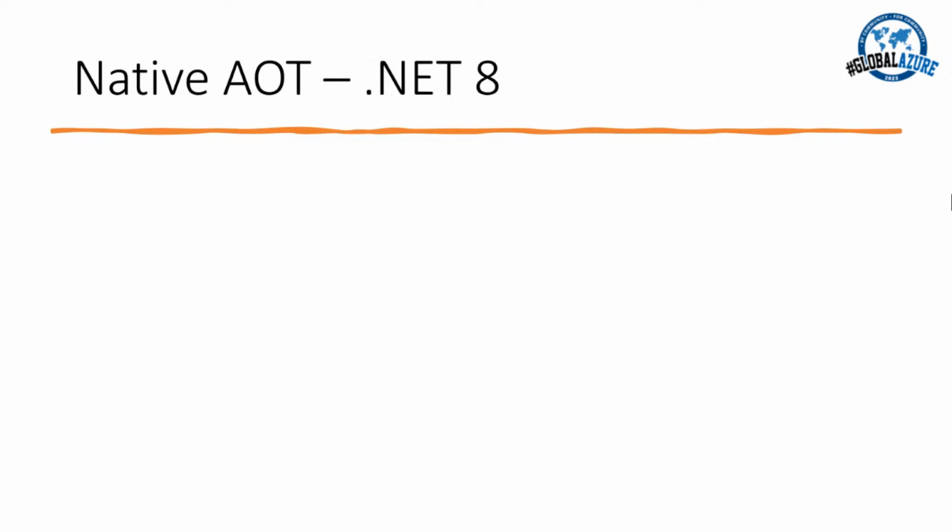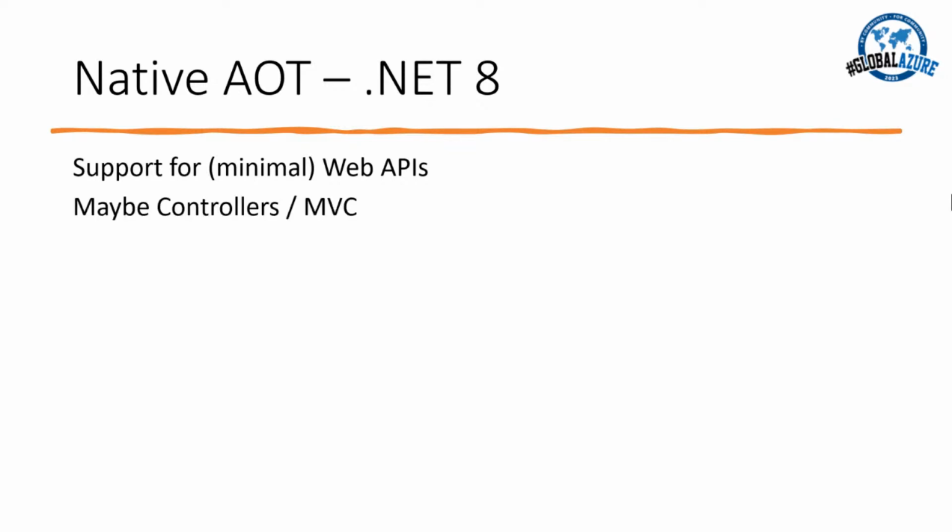So in .NET 8, I mentioned there is planned support for minimal web APIs. They may or may not also support the controllers model. So basically all the parts of the MVC framework that just use controllers for APIs. They will, however, not support views, Blazor, and I think EF Core is not officially supported.